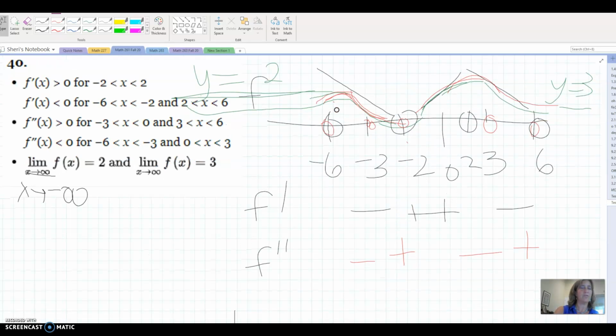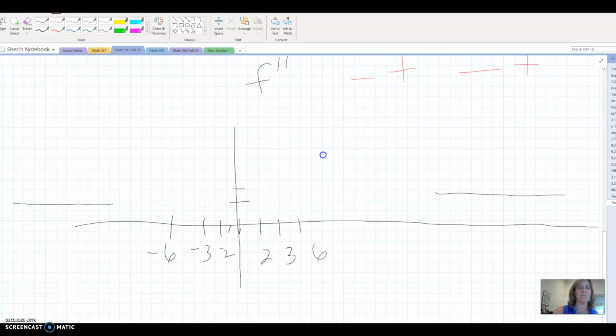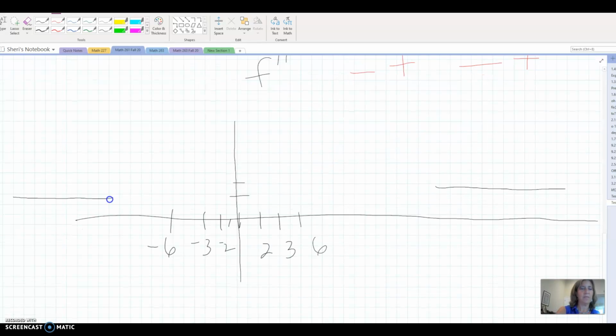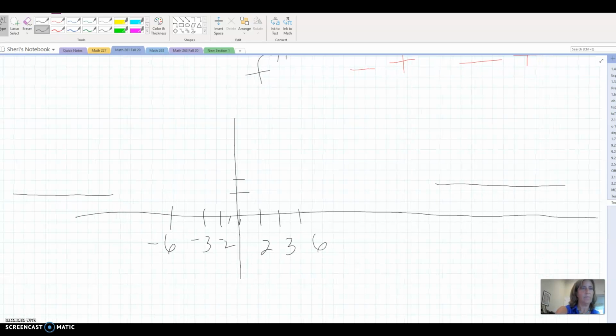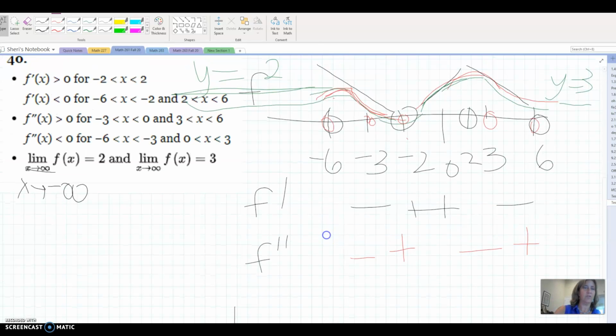And at -2 is when it starts to be increasing. So I'm coming in as I hit -6. It's going to be concave down and decreasing, and it will continue that pattern until we get to -3.